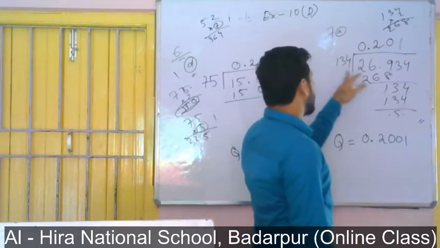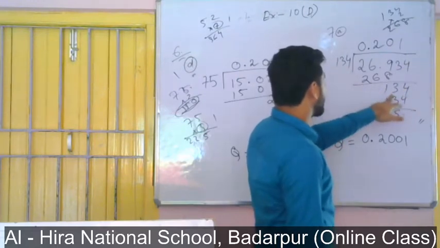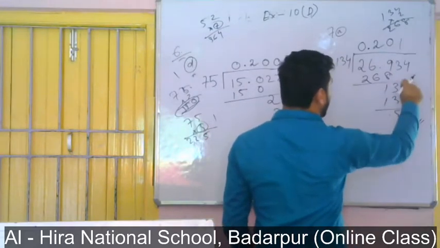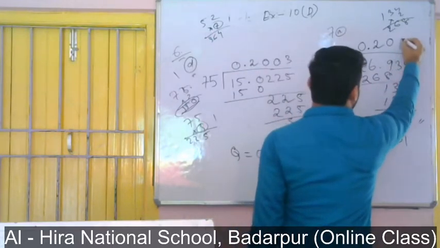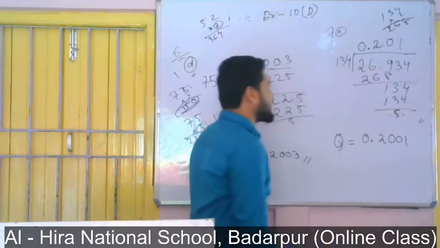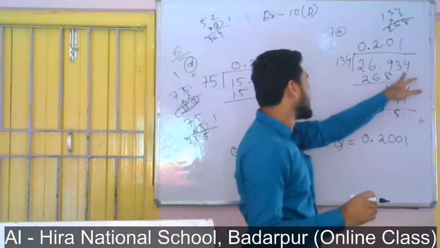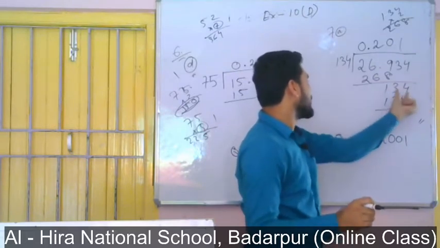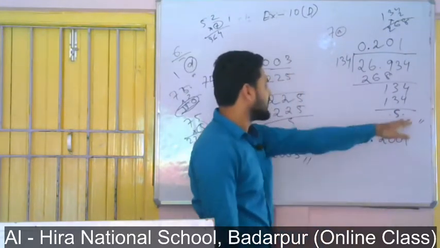So 1 is not divisible. Then we will take 13. 13 is not divisible, so we will put 0. Now we will take 4. We have taken 2 digits now, so for that reason we will put 1 0. I had taken an extra 0, that is wrong, because this is after subtraction. For 2 digits you have to put 1 0, isn't it? So that is the answer.